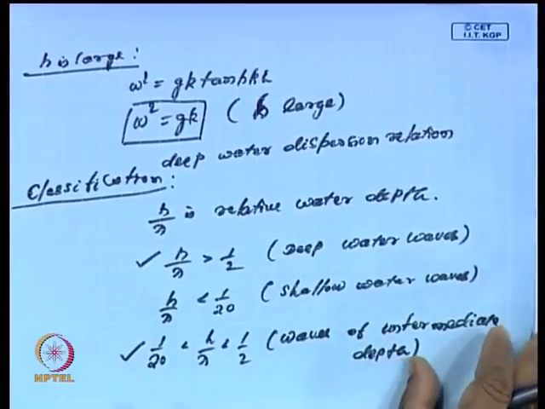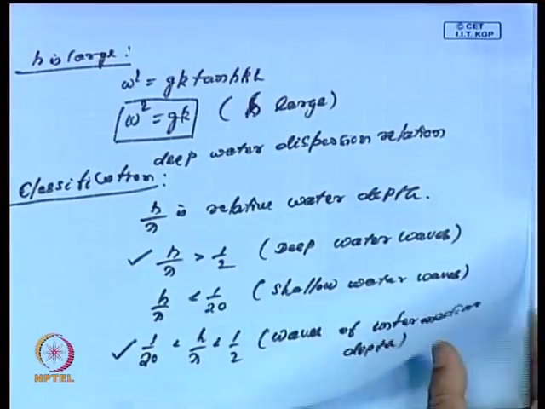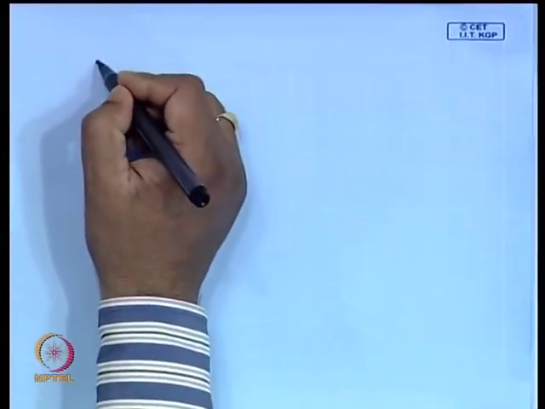So, many such waves exist in the ocean. Let me briefly say what the various types of waves are that exist in the ocean.